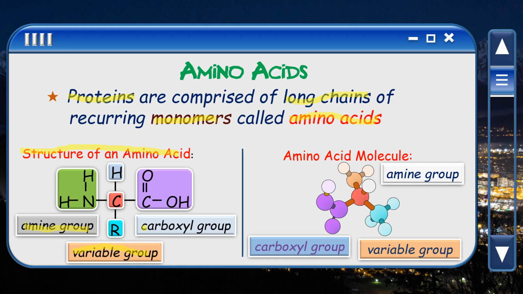Then it has a carboxyl group. That is the structure of an amino acid. You can now identify the molecule and look for where you find the R variable group, the amine group, and then the carboxyl group.